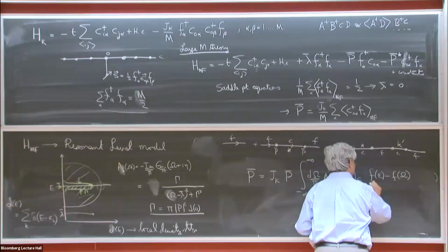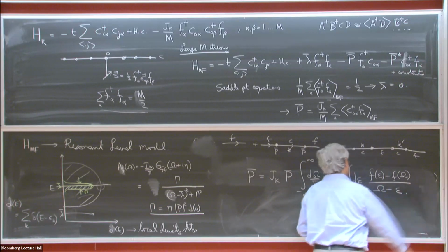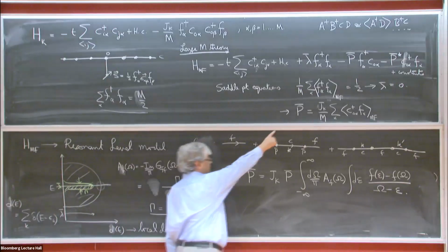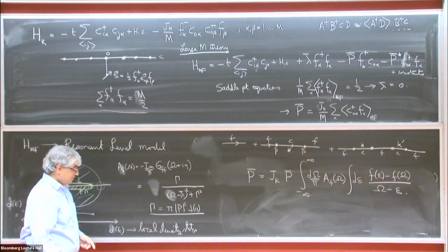These are the Fermi functions, or omega minus E. So that's what this equation becomes when you try to solve it.